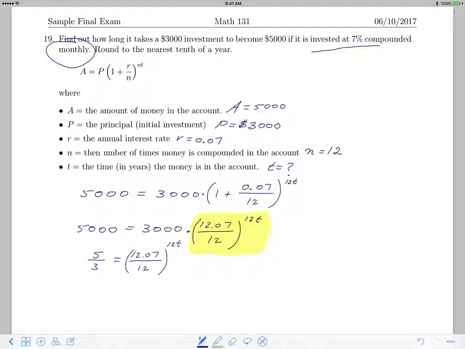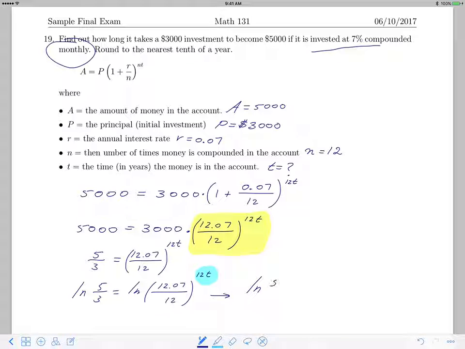Okay? And so now we're going to take the logarithm of both sides. We'll use the natural logarithm. ln of the left side equals ln of the right side. And what this allows us to do is, using the power rule, the exponent becomes a factor.